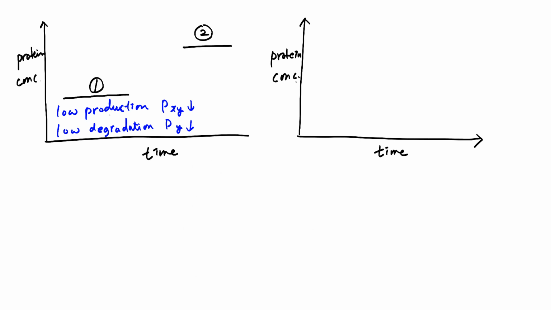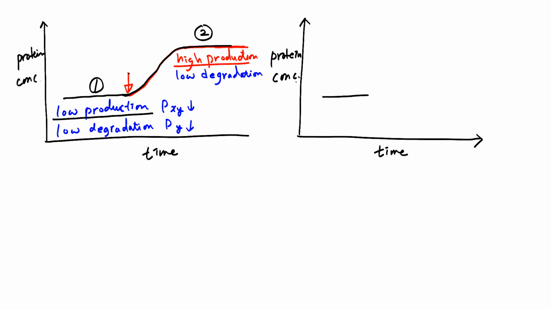Now, if we want to go from here to here, the obvious thing to do is increase this production rate. So we will have this high production, and the high production probably will start at this point. The high production will continue to maintain this steady state level.